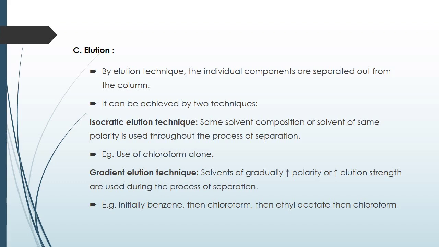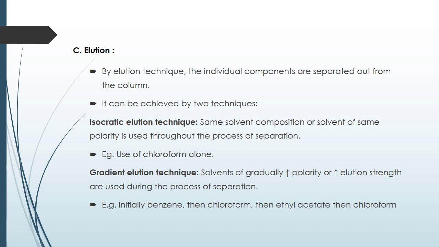Elution. In the elution technique, individual components are separated out from the column. It can be achieved by two techniques: first, the isocratic elution technique, and second, the gradient elution technique. The isocratic elution technique means the same solvent composition, or solvent of the same polarity, is used throughout the process of separation.